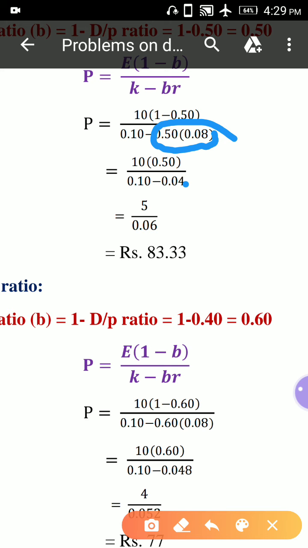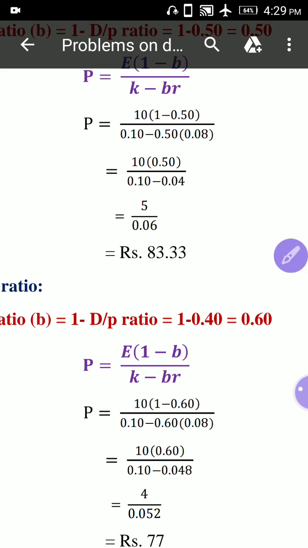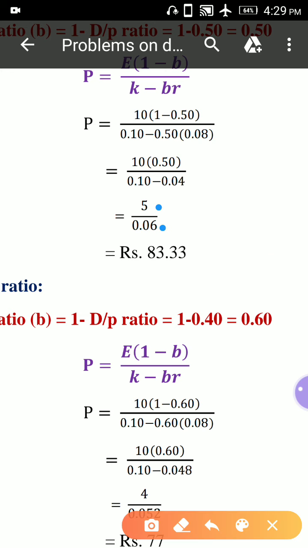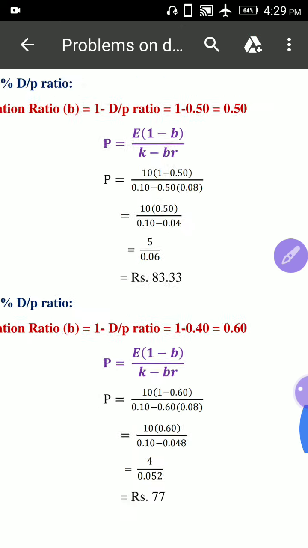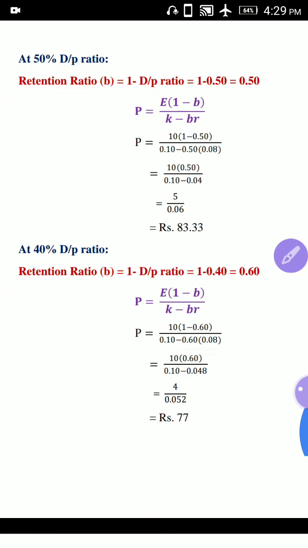So 10 into 0.50 is equal to 5. Now 0.10 minus 0.04 is equal to 0.06. Now 5 divided by 0.06 is equal to 83.33.